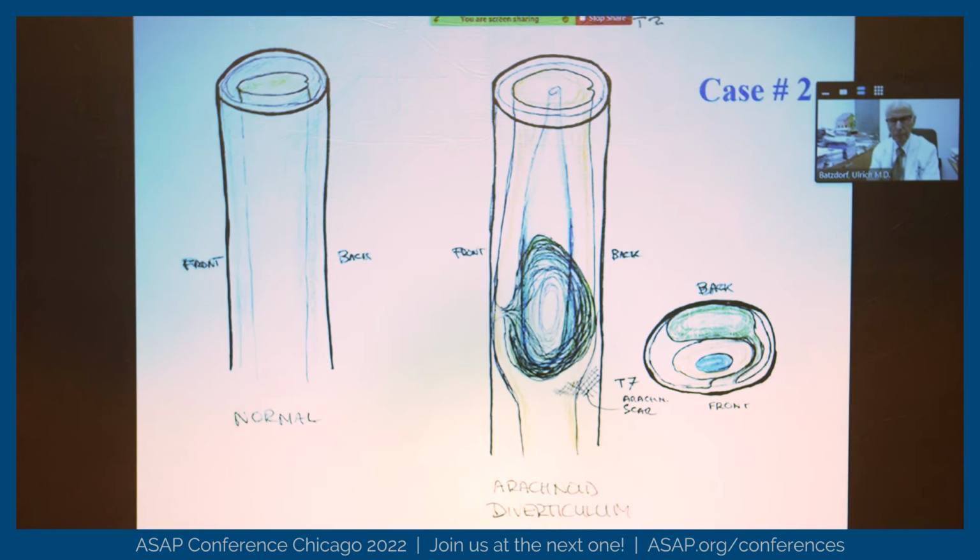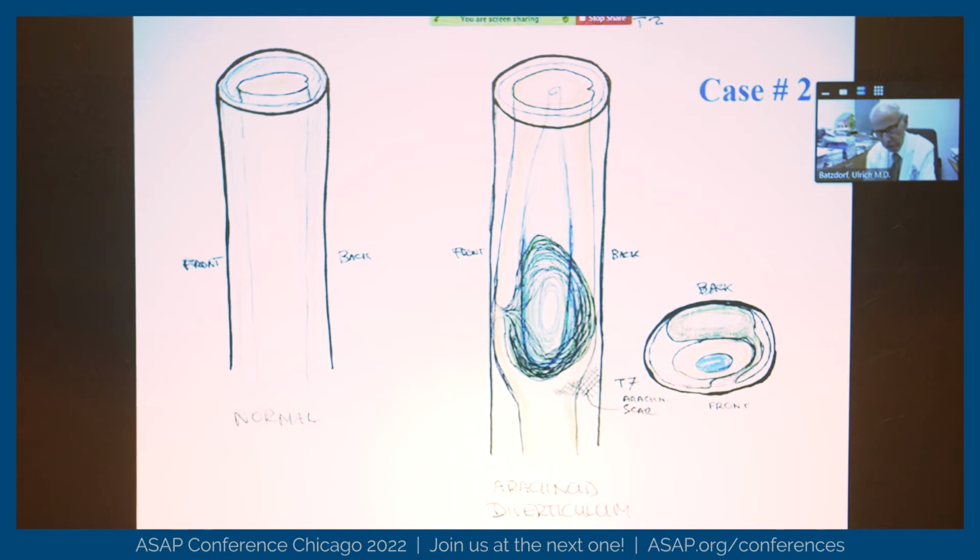And this was a very unusual case, which I have never forgotten, in which the obstruction to the subarachnoid space was formed by an arachnoid diverticulum, which I've illustrated in the drawing that I made after surgery, and this produced the setting for the syrinx.